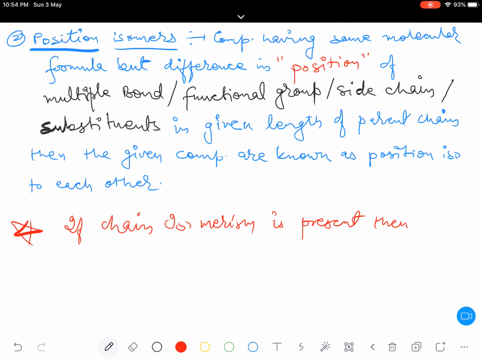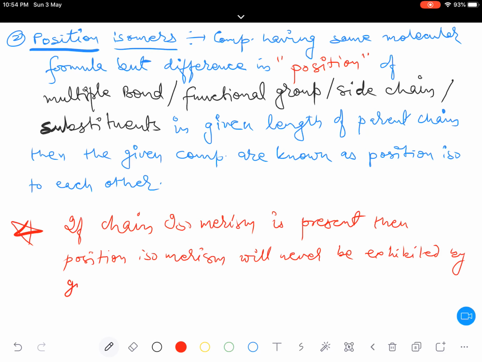If chain isomerism is present, then position isomerism will never be exhibited by the given compounds.